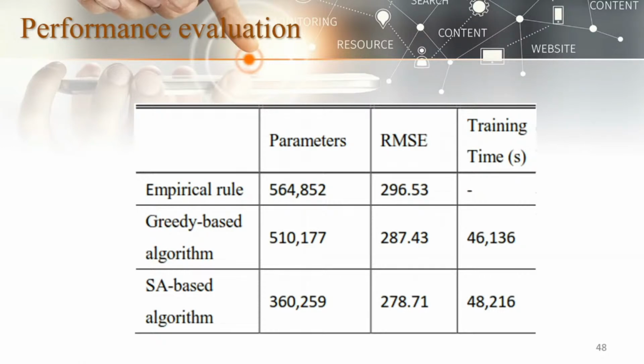In this study, the simulated annealing-based algorithm needs more running time than the greedy-based algorithm, but better results can be obtained by using this method to adjust hyperparameters. It takes extra time to train the model for the first time.